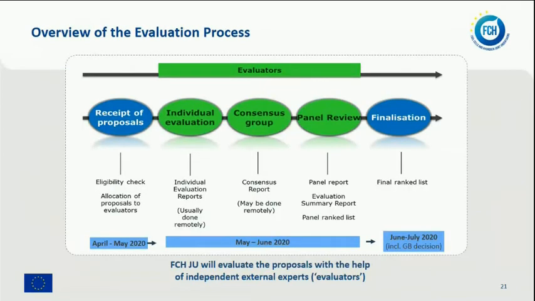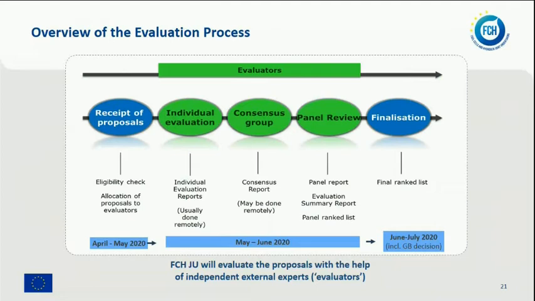Quickly on the evaluation, how it works. Last year, for example, we had 43 experts coming from all over the globe. They start their work remotely by writing an individual evaluation report. Then we invite all the experts to Brussels, and those assigned to one proposal will meet in their consensus room.